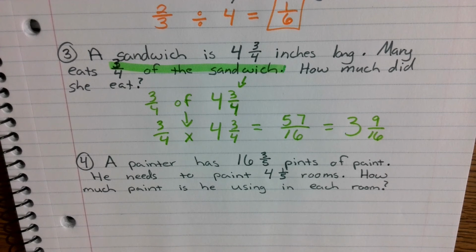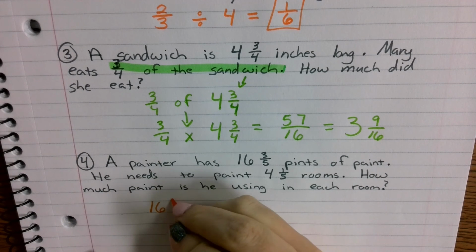What operation is that going to be, Rowena? Division. Because you're taking your total and you're going to split it amongst those rooms equally. This is going to be a division problem.